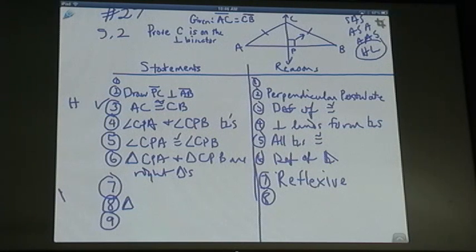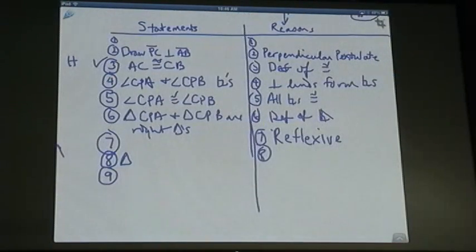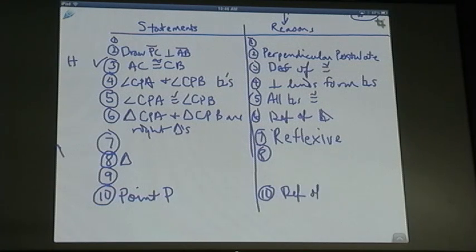Now that we can say that those two triangles are congruent to each other, what can we say about the parts? Which parts can we say that about? Since those two parts are congruent, what can we say about point P? That would be by the definition of a midpoint.